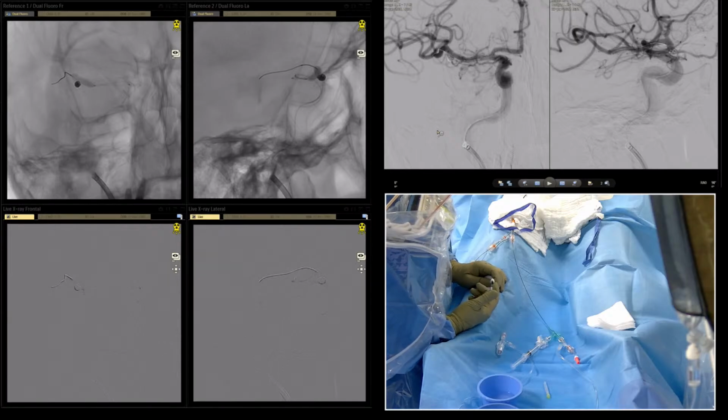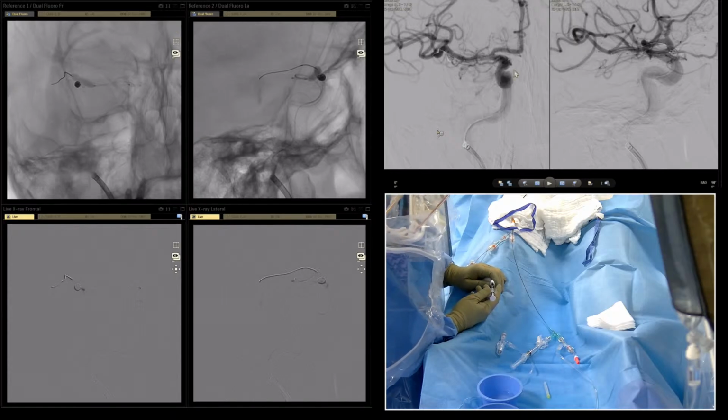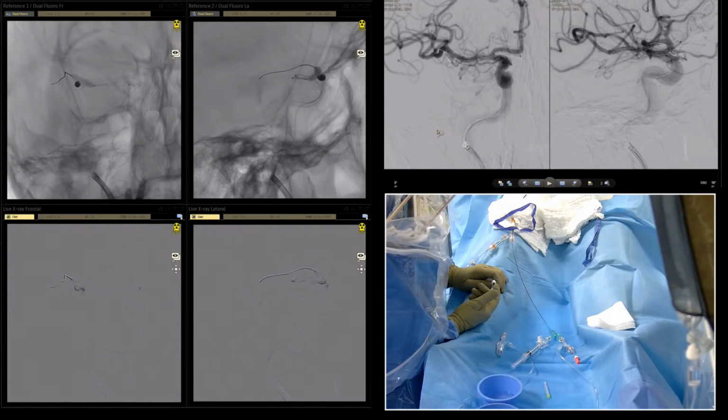Now we are occluding the branch. It's okay. We have the branch. It might go to the branch territory.